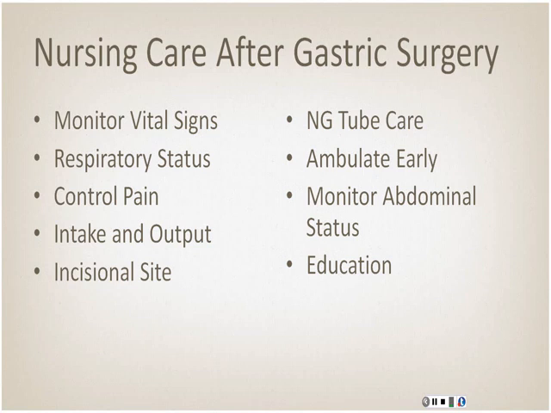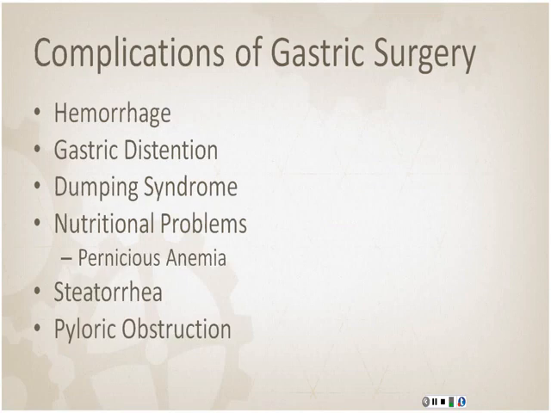Most of them will have an NG tube, depending on the surgery, and if they do have an NG tube, then we have to do care for that tube as well. Just like with most folks that have surgery, we want to get them to ambulate early. And then we're going to monitor their abdominal status, pain, bowel sounds, those kind of things, and then provide education to them.